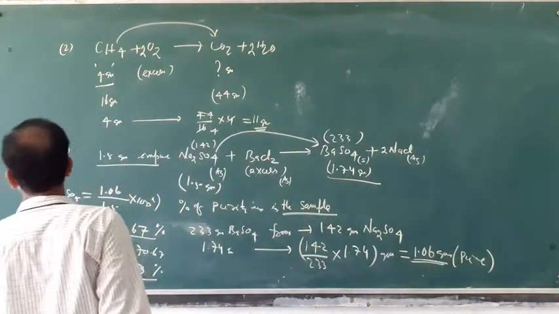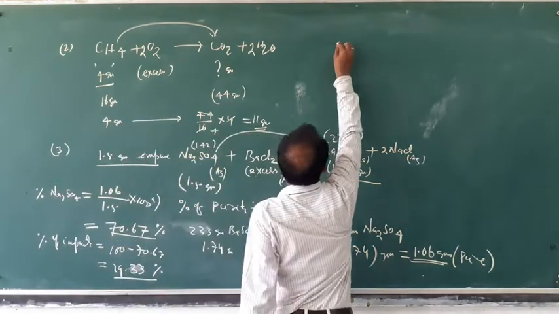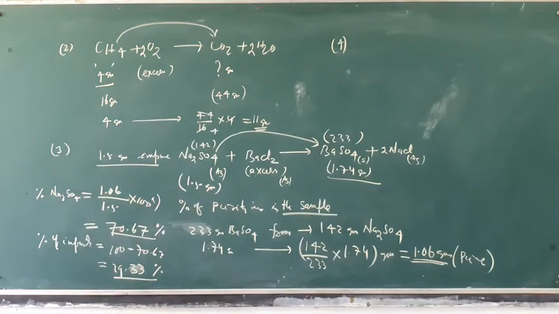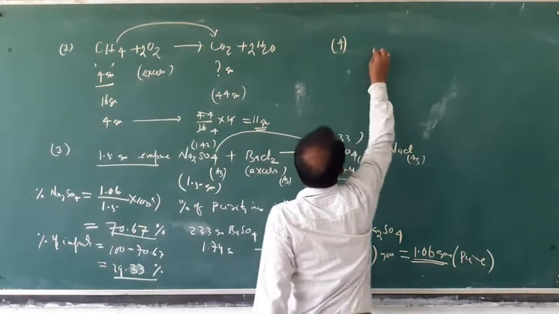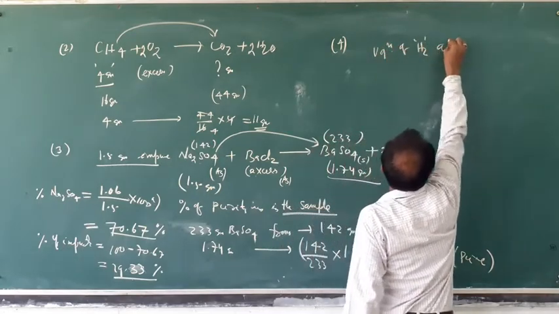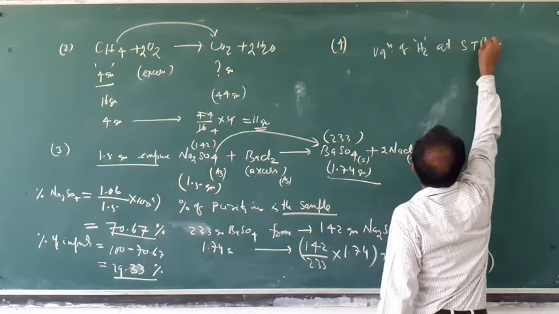Then next, question number 4. The fourth question is that we will calculate the volume of hydrogen at STP.